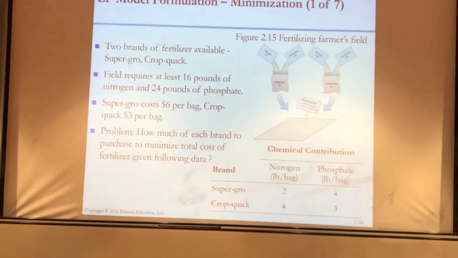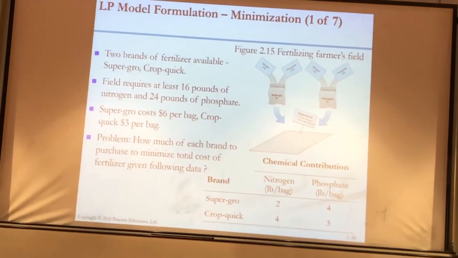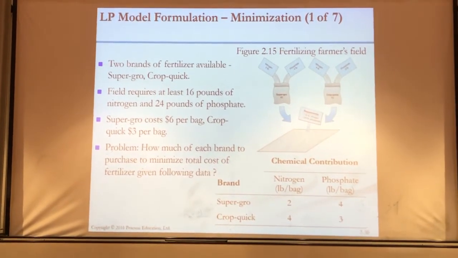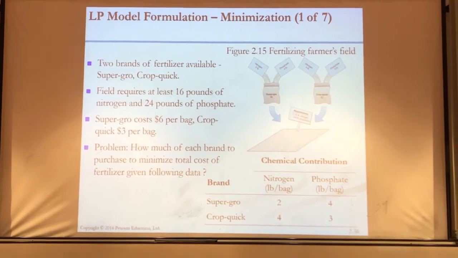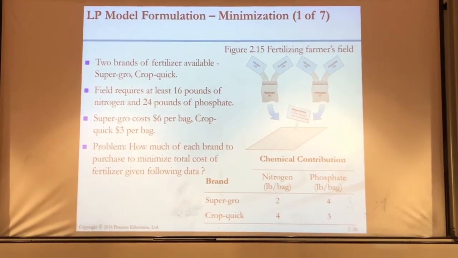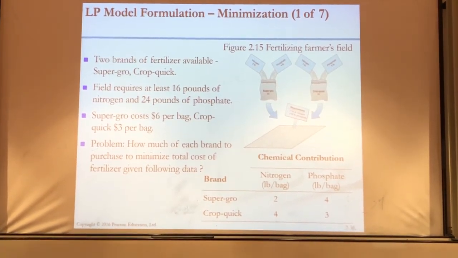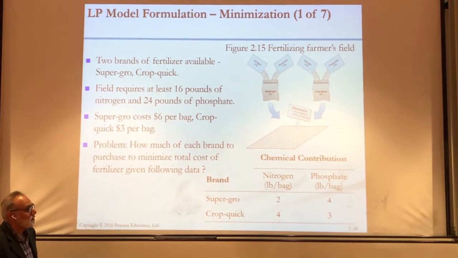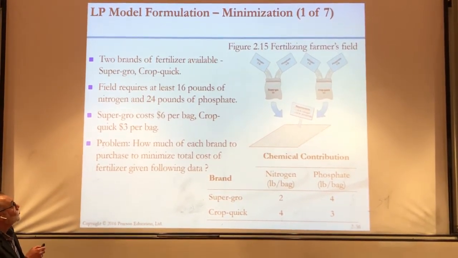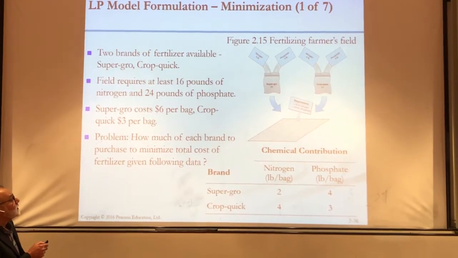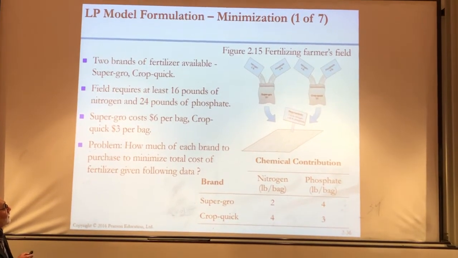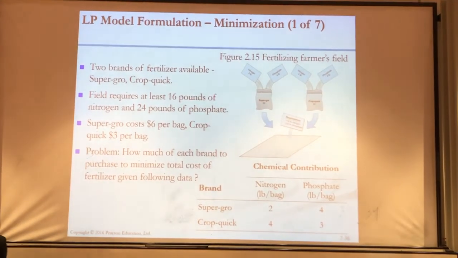So this is the data here. We have for each brand of bag how much nitrogen and how much phosphate is there, and also the total requirement is given, and this is the cost of the bags.